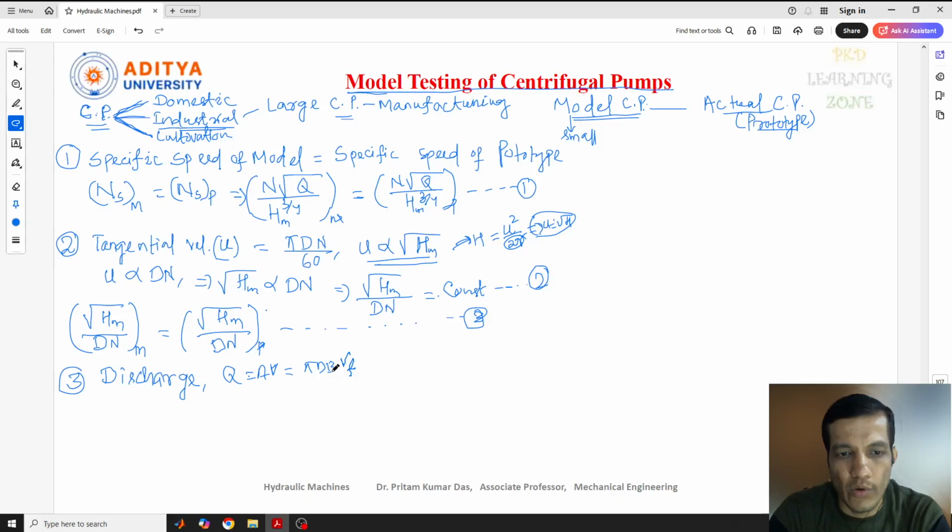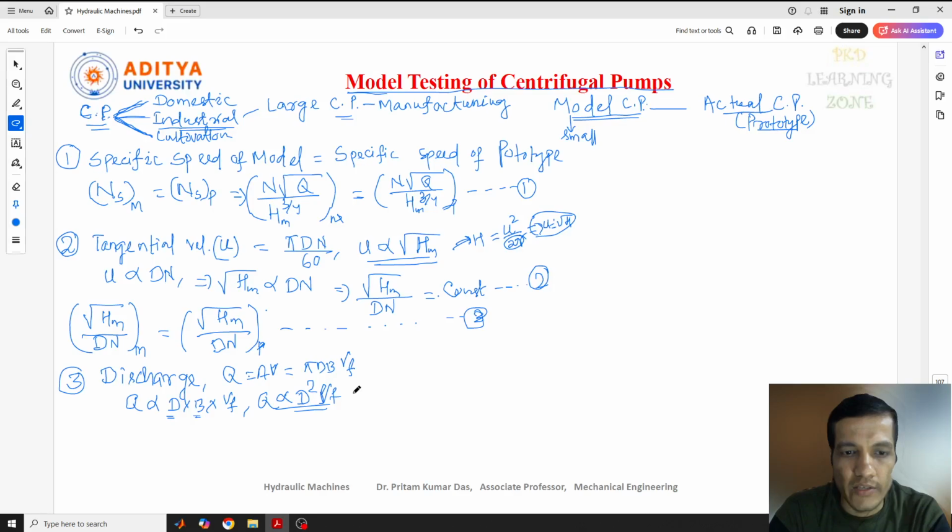So q is directly proportional to d into b into vf. Diameter d and width b are directly proportional to each other, so in place of b I can write d. So q is directly proportional to vf.